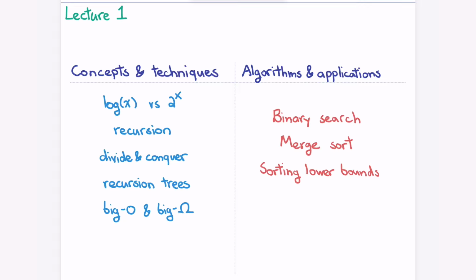We did our first divide and conquer algorithm with merge sort. We analyzed it with recursion trees. We got our first practice with big O and big omega, at least in this class. And the algorithms were binary search, merge sort, and sorting lower bounds, which hopefully was new. I assume everyone else has seen the first two.